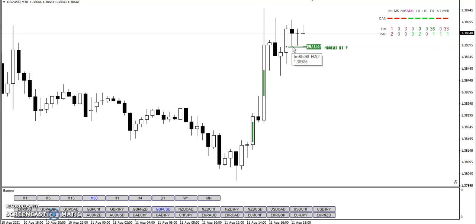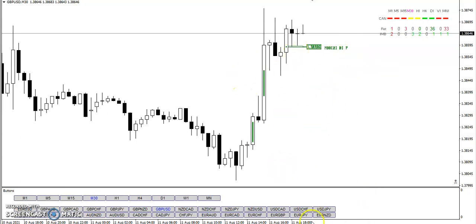I guess this one's still considered open. 3. Actually, no, open imbalance. Let's see, we've got open imbalance and virgin imbalances, I think. I can't remember. It's been a while since I actually worked with imbalances.